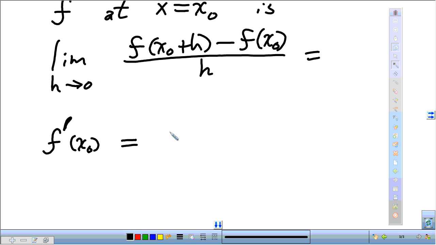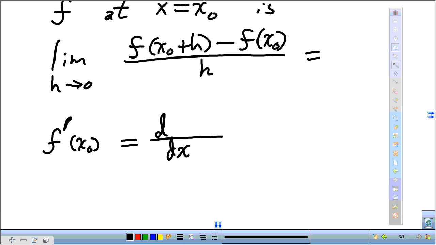Over time, another independent notation was developed. It's the limit of these changes in f or y divided by changes in x.